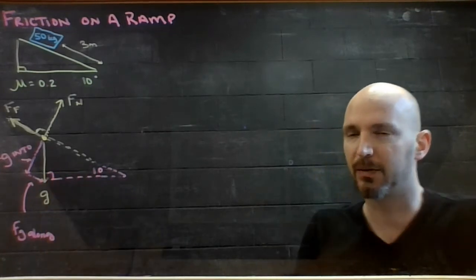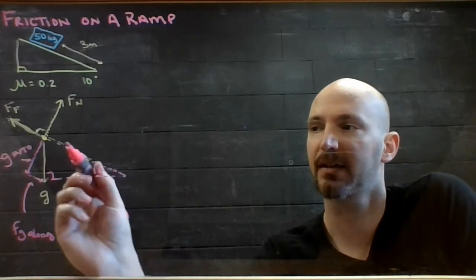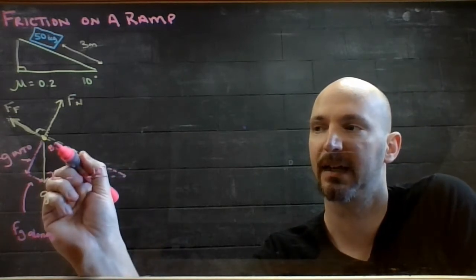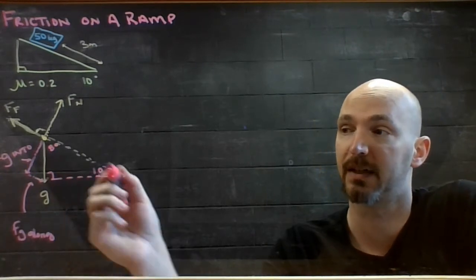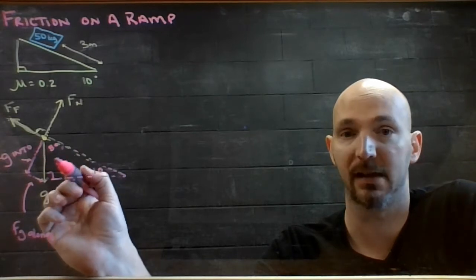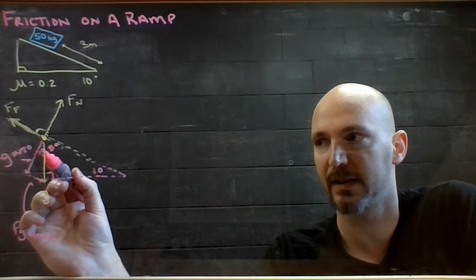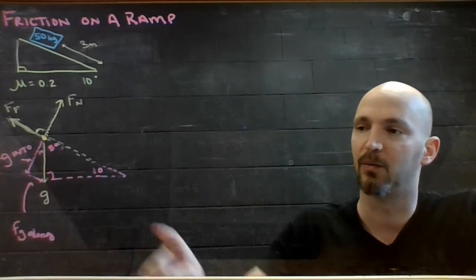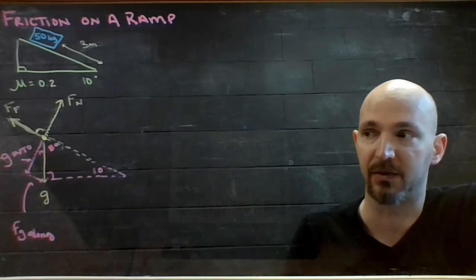So I'm going to try and do a little bit of magic here. If that's 10, then this is 80, because 10 plus 80 plus 90 gives me the 180 degrees in that triangle. But this corner here is 90 degrees. So if 80 is used up there, then there's 10 degrees in here. Whatever this angle is, it's going to end up in that part of my triangle as well.